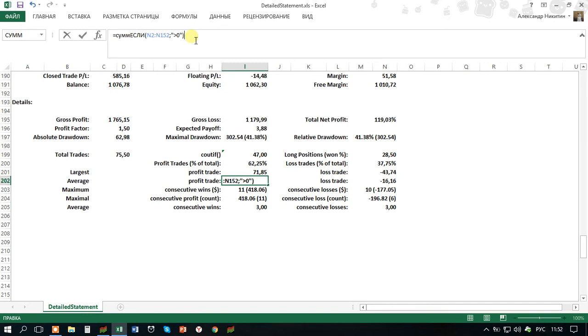So this is the total sum of trades, and it should be divided by the amount of these trades. Now we have COUNTIF. Okay, you see, so the sum of winning trades divided by amount of winning trades. So this is the average.